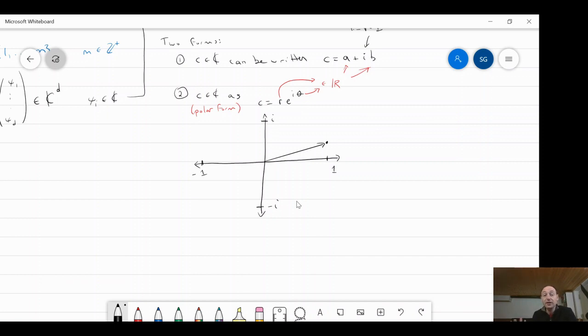And what do r and theta mean in this picture? Well, r is nothing other than the length of this vector, and theta is just the angle with the x-axis. So it's a very nice geometric interpretation. This would be my point c.